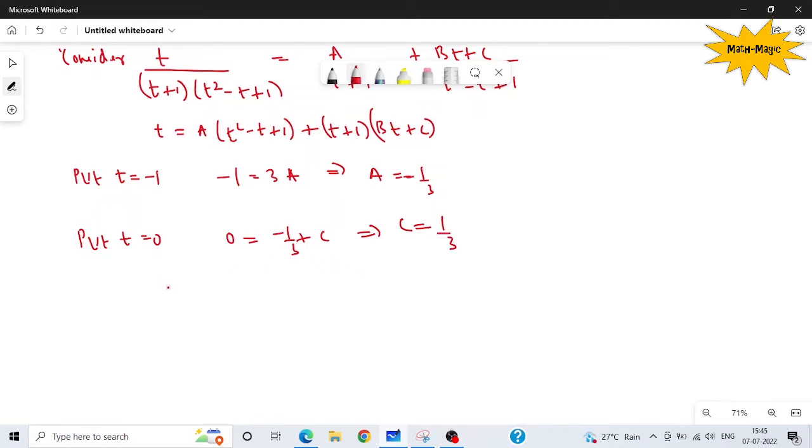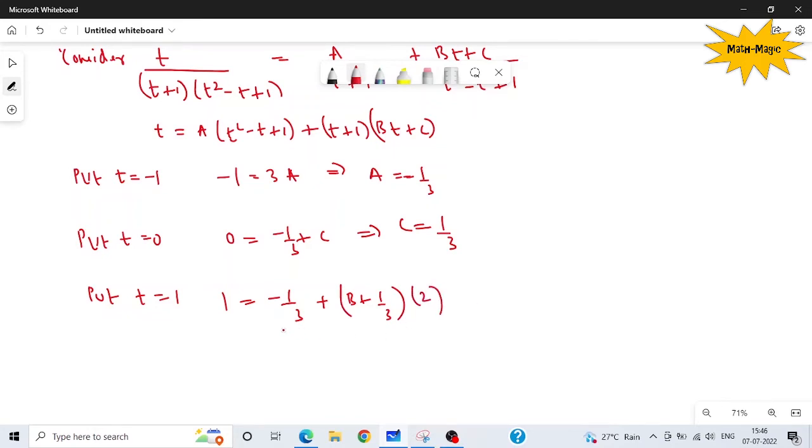Now we can take t equals 1, because we already know the values of a and c, and by taking t equals 1 we will get the value of b. So what we get is 1 equals minus 1 by 3 plus (b plus 1 by 3) into 2.